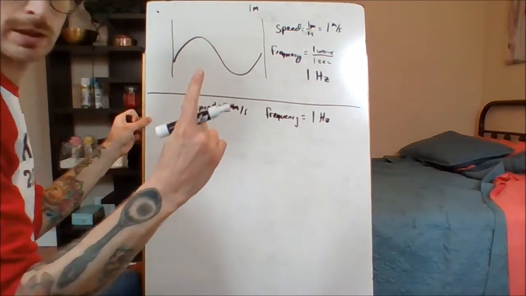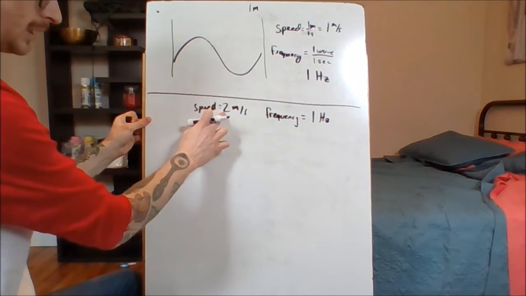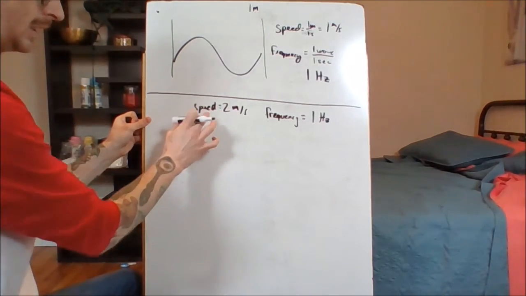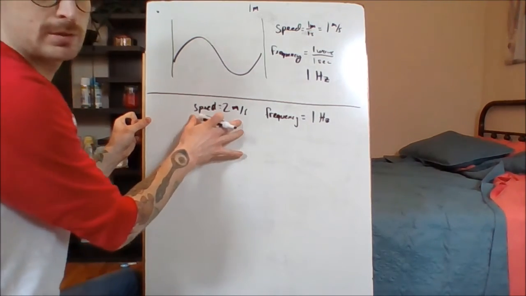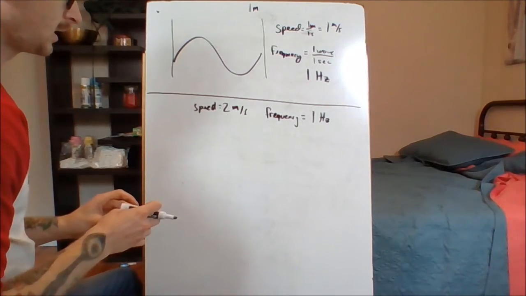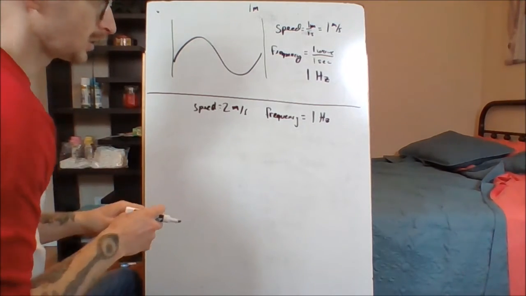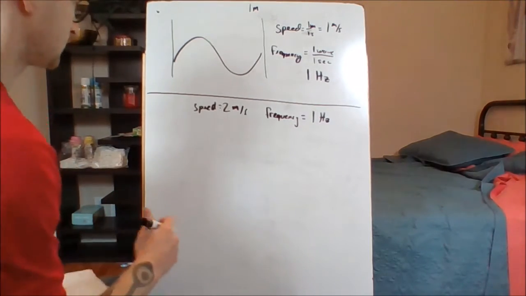So I need one complete wave in a second, but it needs to be 2 meters long to have the same speed as, or to be double speed. So 2 meters long in that 1 second. And I need one wave in a second.